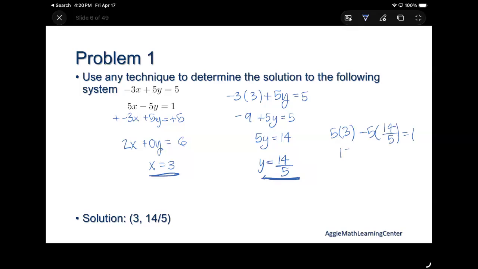So 5 times 3 is 15, minus 14 equals 1. So we did great. Okay, so that's our little solution. And it is a point. It is x input of 3, 14 over 5 is the y value.